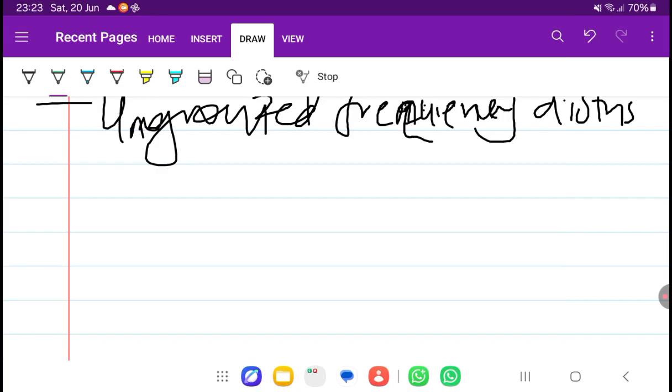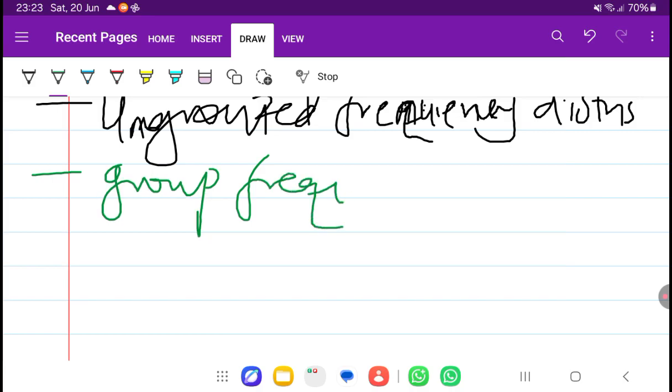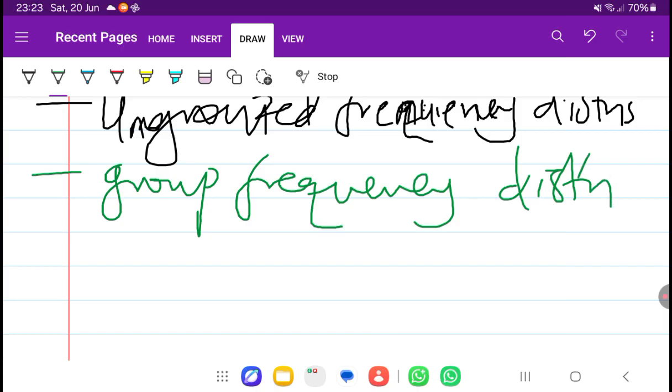Permit me, I'll be using this abbreviation instead of writing the whole word distribution. So we need to know the difference between the ungrouped frequency distributions and the grouped frequency distributions. This is only applicable when we are dealing with quantitative data.